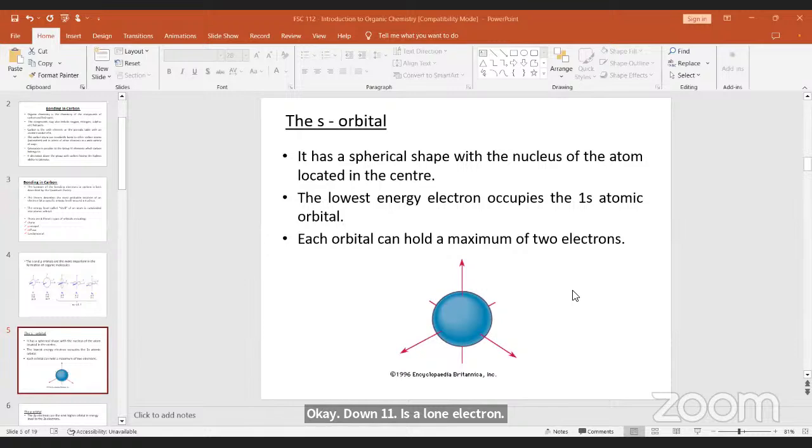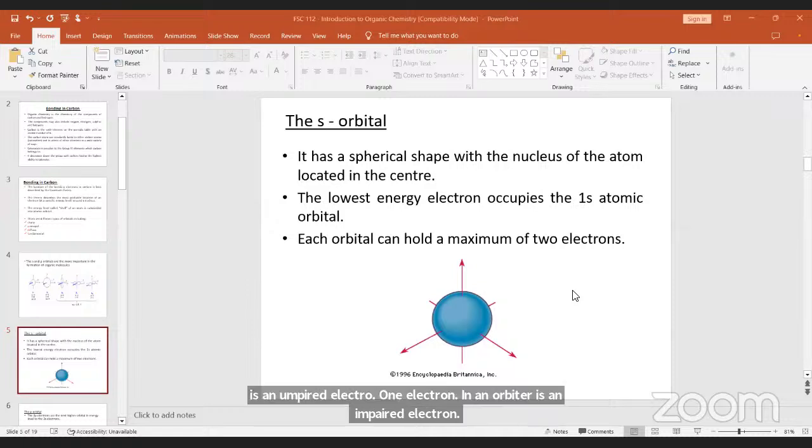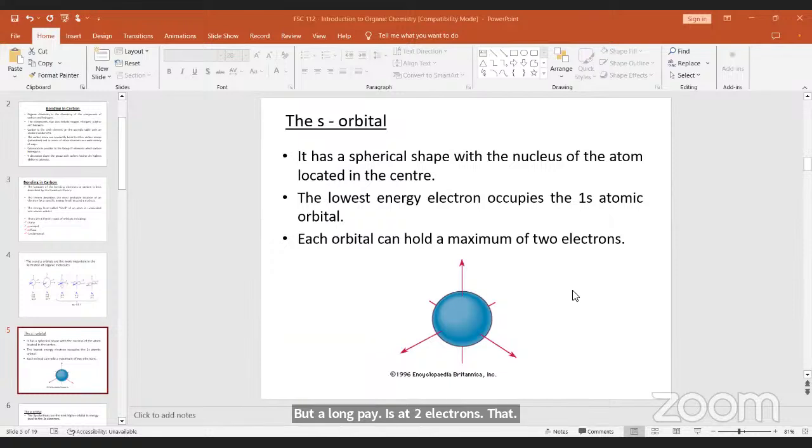Okay? That unpaired one is a lone electron. It's not paired up. So a lone electron is an unpaired electron. One electron in an orbital is an unpaired electron. But a lone pair is 2 electrons that are not bonding.